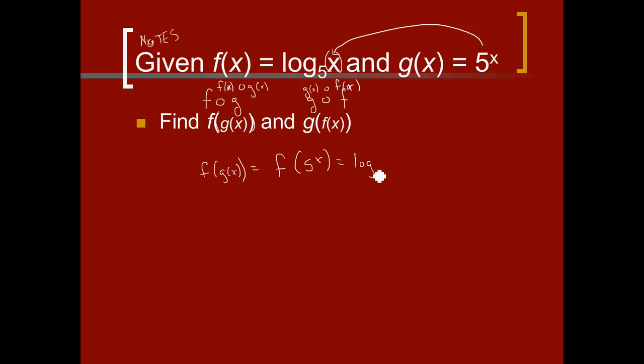So I take log base 5, and inside there I put 5 to the x. But wait a second. What is the exponent that turns 5 into 5 to the x? X. Hey!